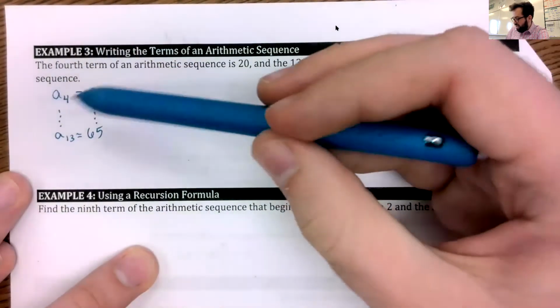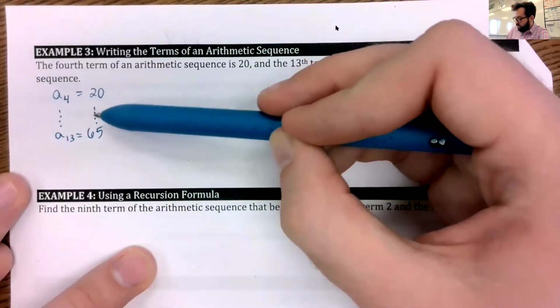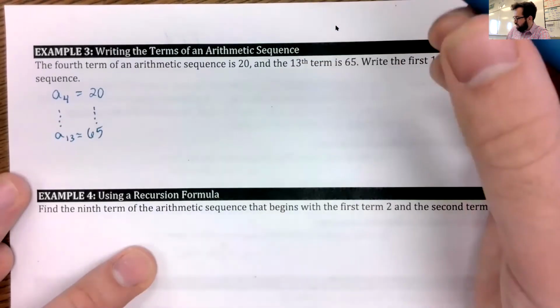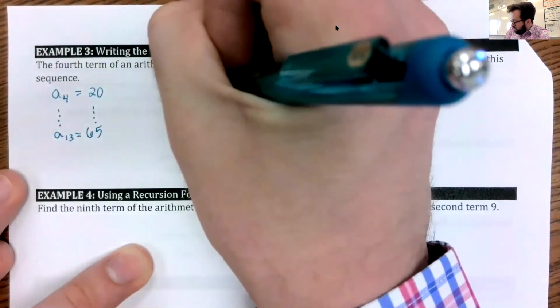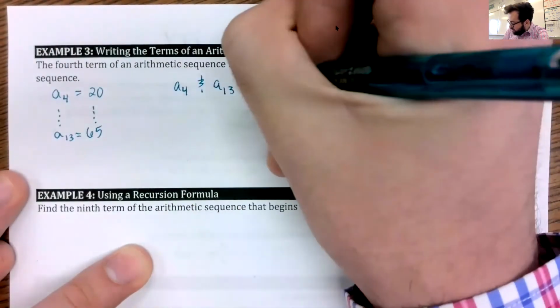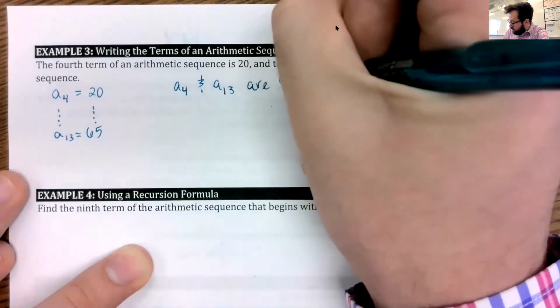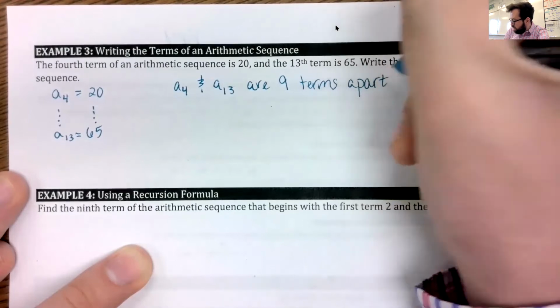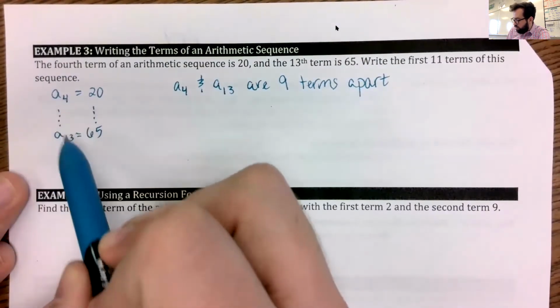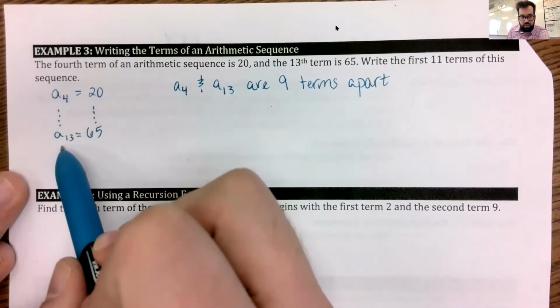So we should be adding something several times to get from 20 to 65. So here's what I think through to answer this question. I'm going to say a sub 4 and a sub 13 are 9 terms apart. Right? If I add 1 over and over to get from 4 to 13, I'd have to do it 9 times.